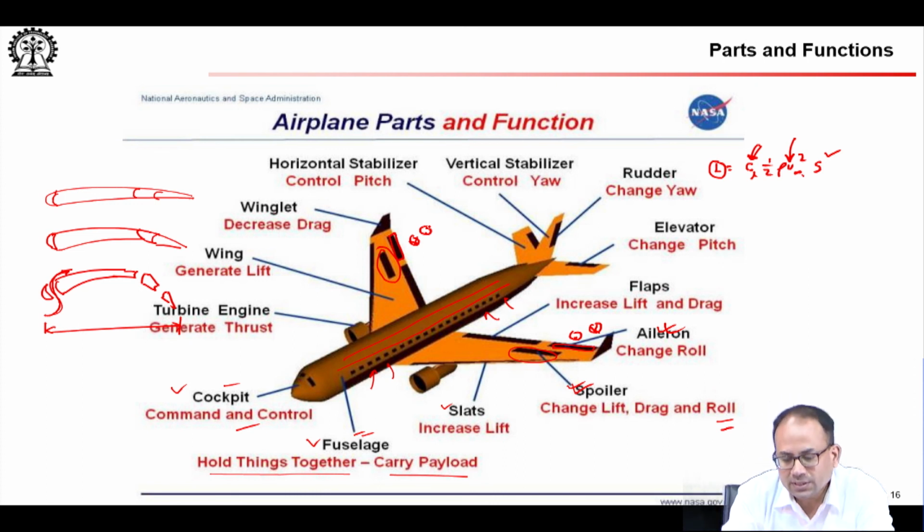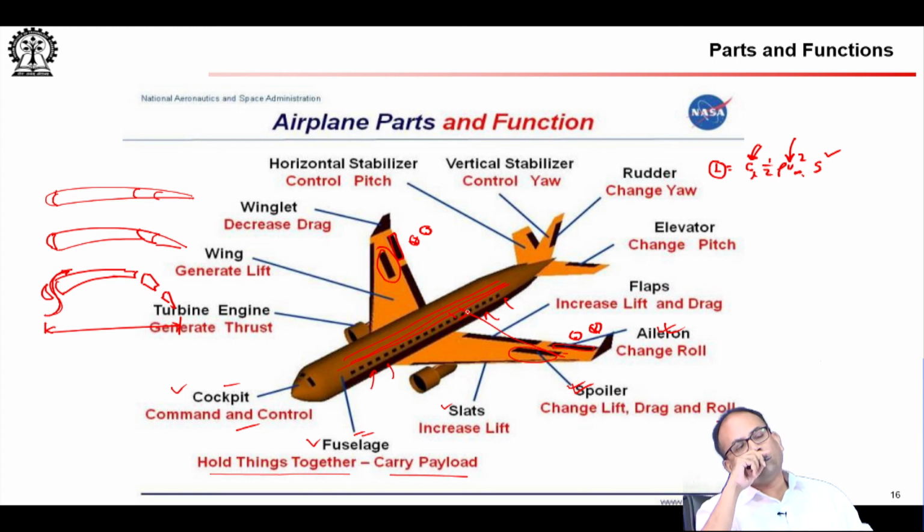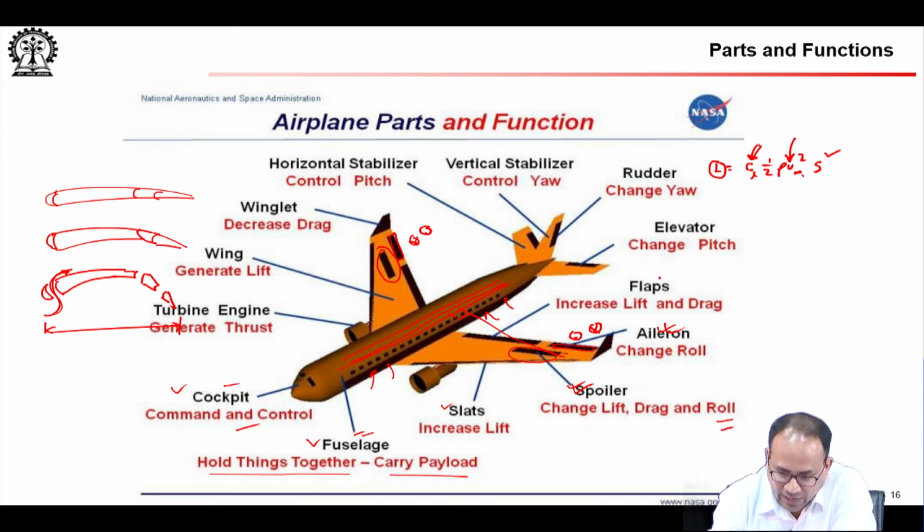And since you see there is a significant moment arm, if your axis of roll is somewhere through this, look at the arm. So, that is the moment arm. If you have a difference in lift, then you end up having a rolling motion. Flaps you have seen, these are the flaps in action.